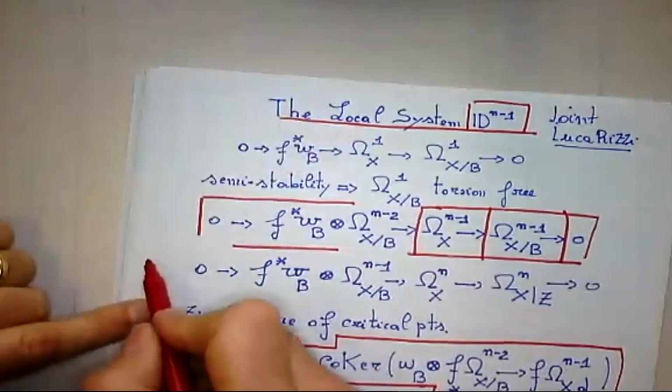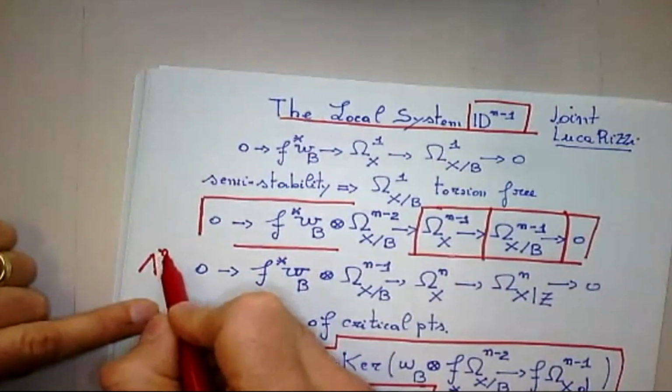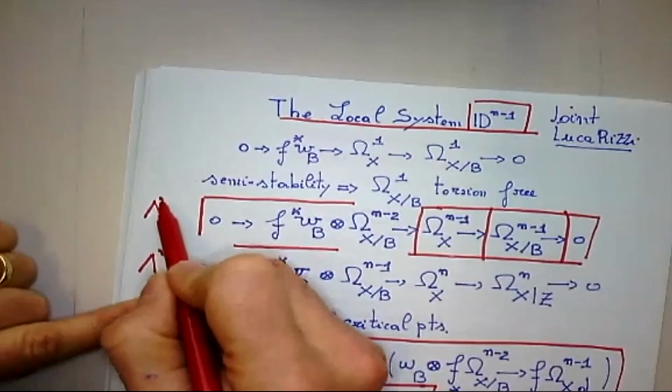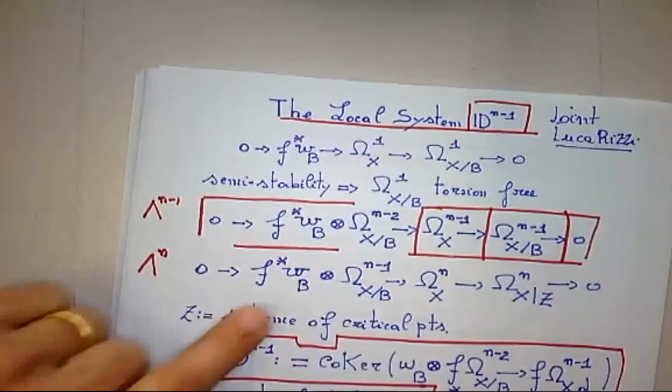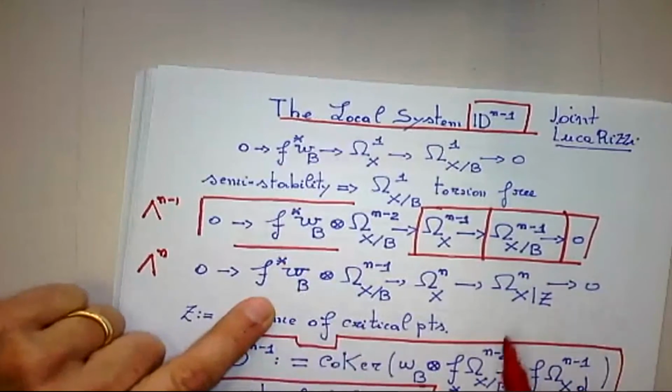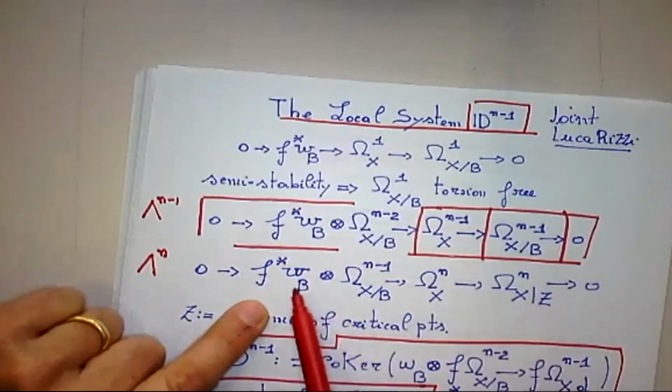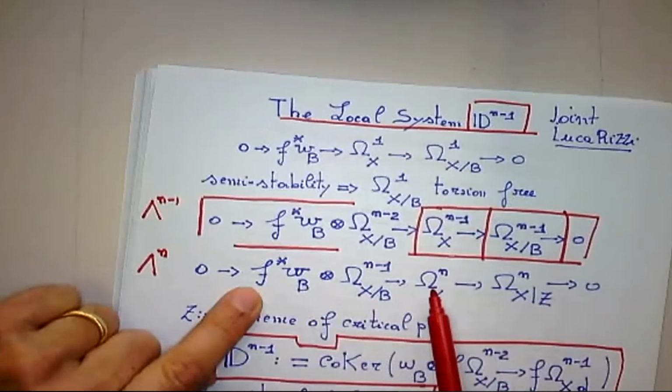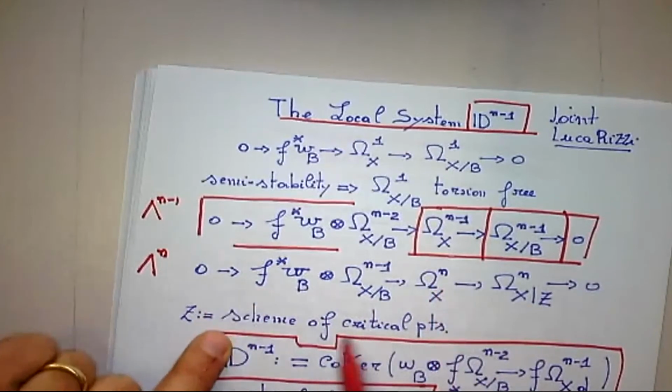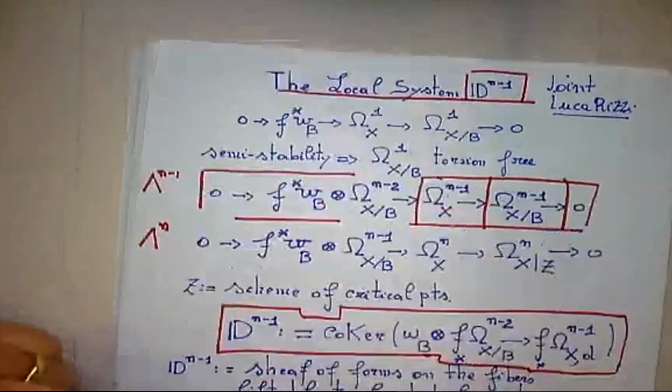And the wedge n, here you do the wedge n, and here the wedge n-1. The wedge n of this object is nice because essentially this sheaf is the sheaf of the total volume forms, except on the scheme of critical points. And as you know, even in this case, the assumption of semi-stability makes things easier.